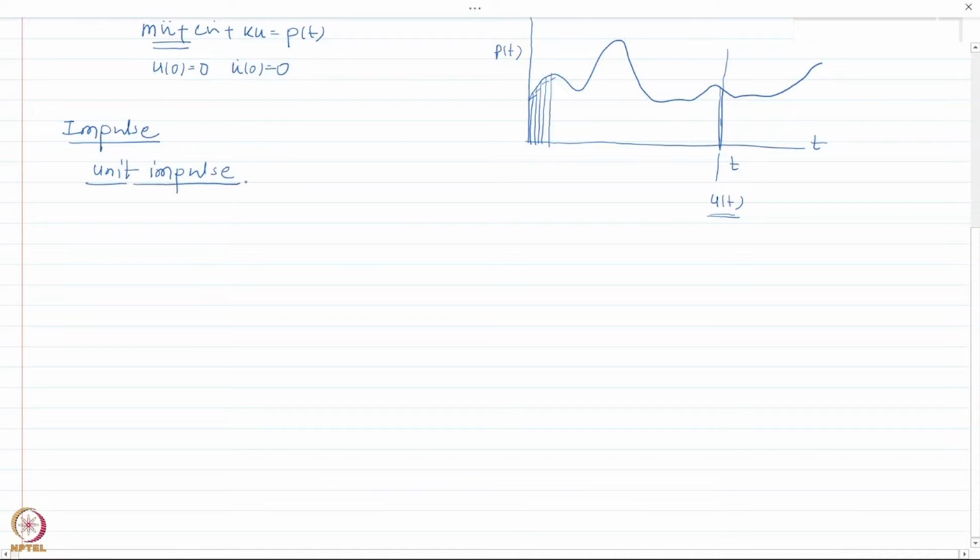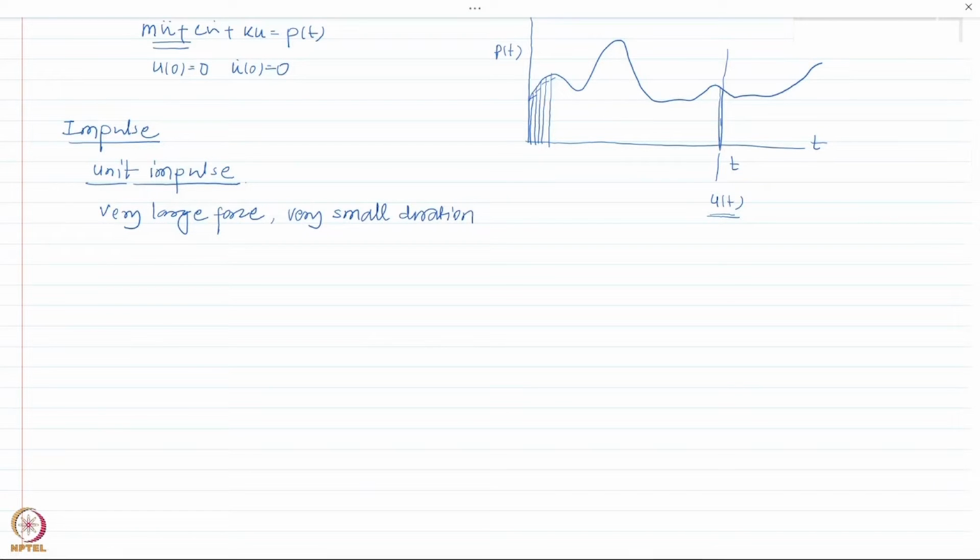Now an impulse is basically defined as a very large force that acts for a very small duration, such that the area under the force and the duration is still some finite value.